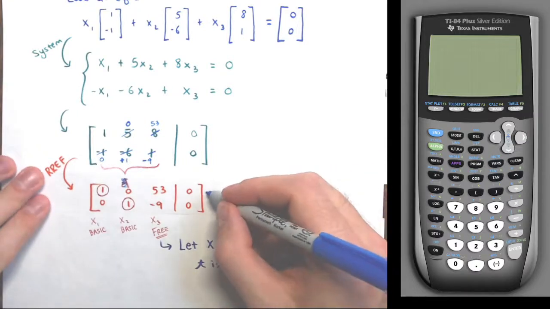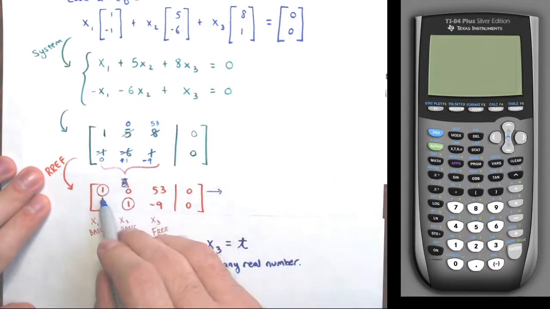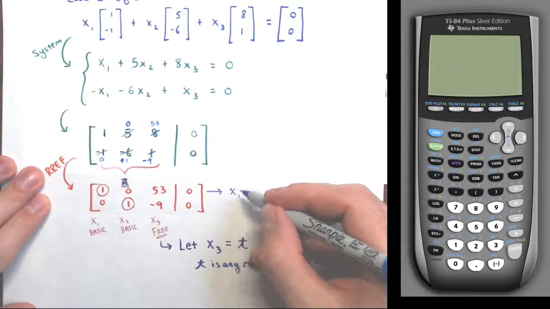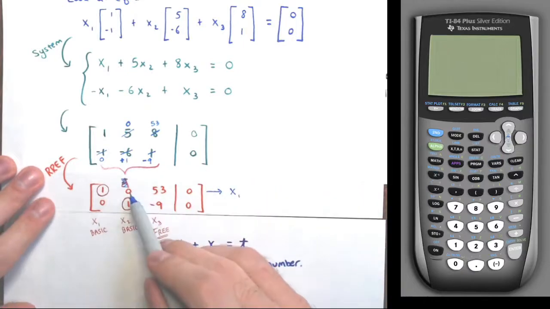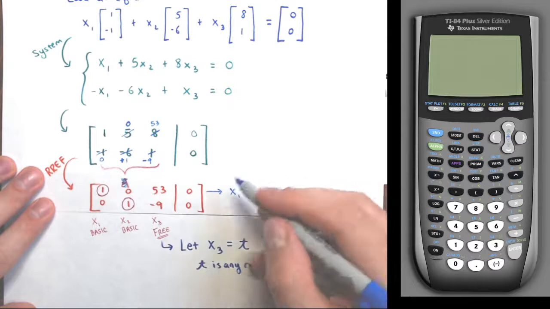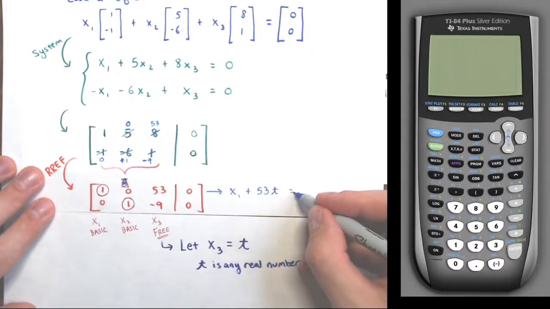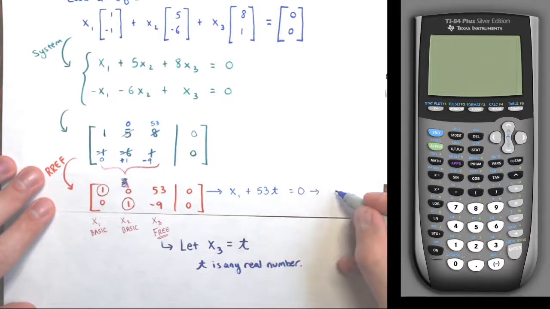If you look at the first row of the reduced echelon form matrix, this implies that I have 1x1 plus no x2 plus 53 x3, or 53 times t, equal to 0, implying that the value of x1 would be negative 53 times whatever I choose for t.